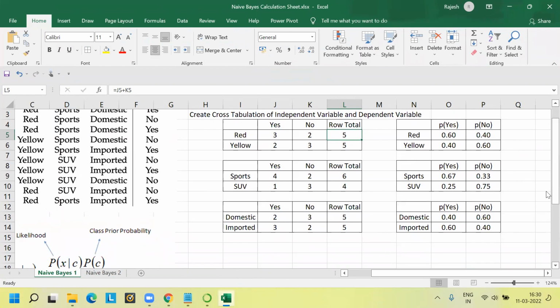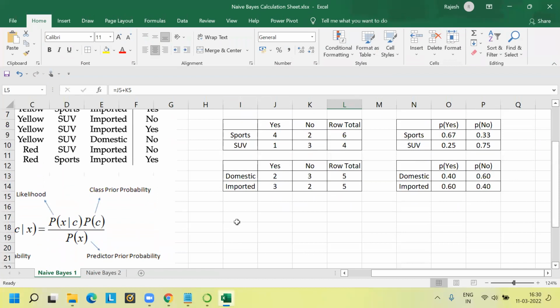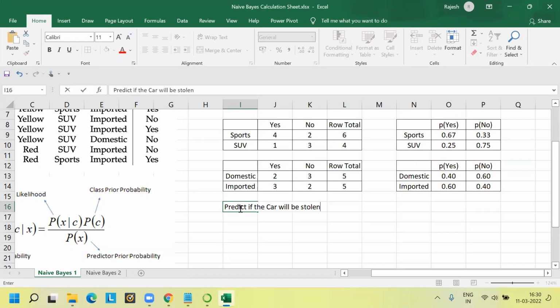Before the break, we calculated all the probabilities, right? Now I want you to predict if the car will be stolen if it has the following features.